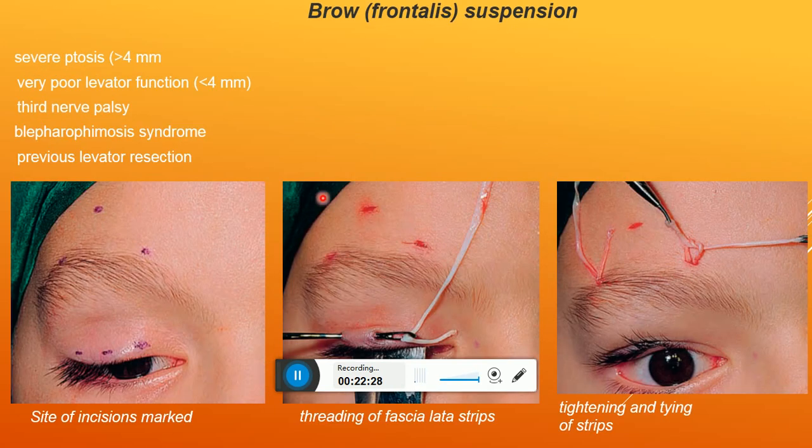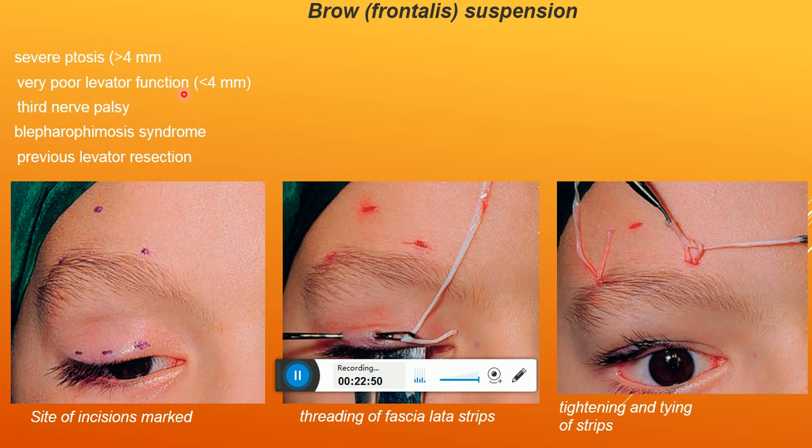The third surgical technique is brow suspension, frontalis suspension. It is used for severe ptosis, more than 4 mm, with very poor levator function, less than 4 mm, from a variety of causes.